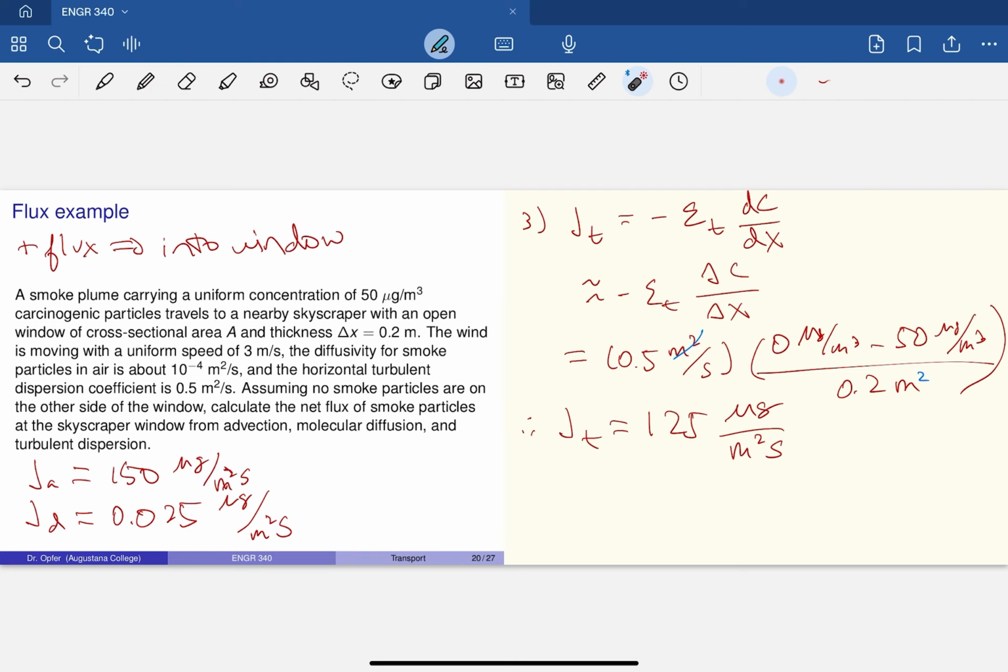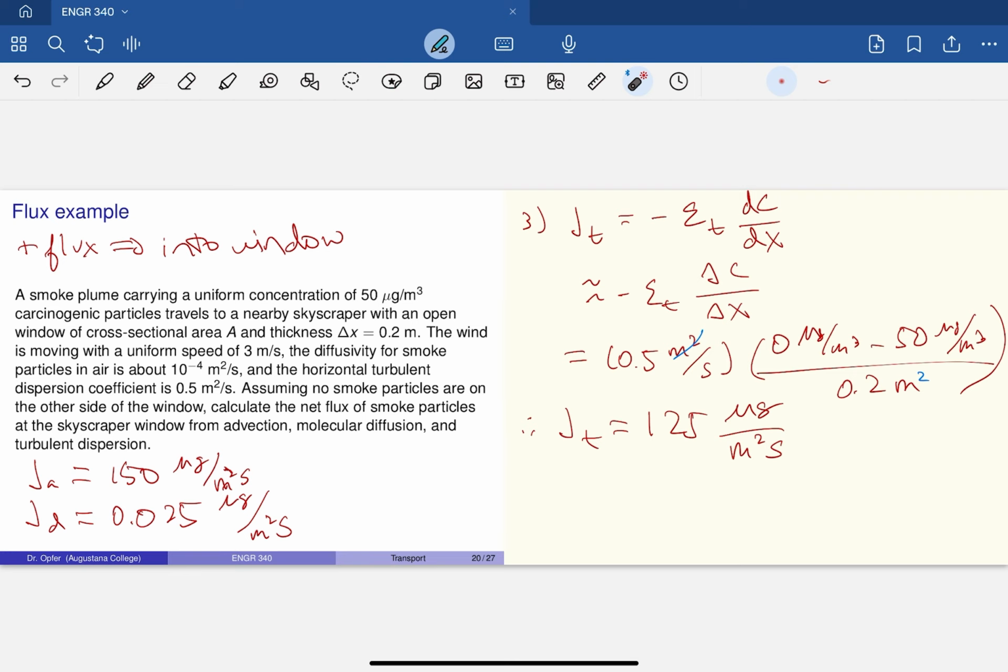Okay, now the other thing is that as long as the wind stays constant, the advective flux is going to stay constant. Okay, so this won't change. However, as concentration starts to pool up inside the window, this term C inside is going to change, right? So if you can imagine, if you got a closed room inside, you're going to be pumping in a bunch of smoke particles into the room.